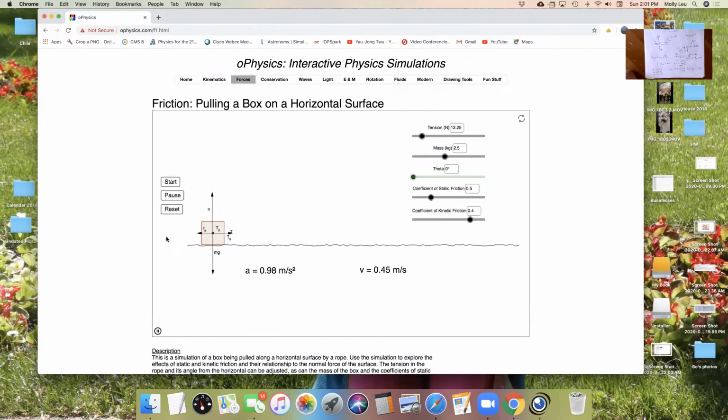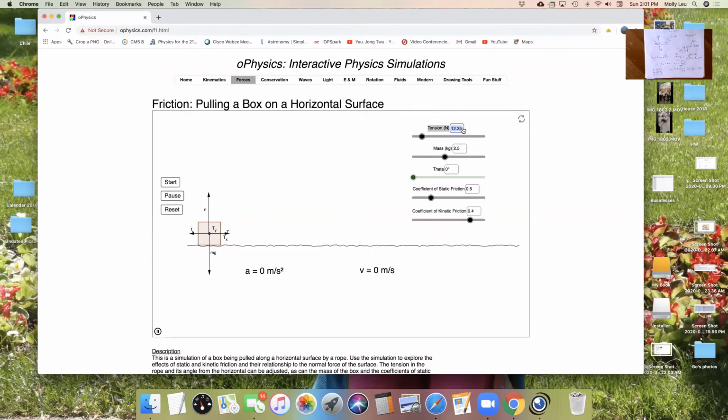But keep an eye on this, though. Look at the acceleration. If the force that I apply is not enough, the acceleration is 0. Let's go to 12.24. Remember, look, the acceleration is 0. And I have static friction.